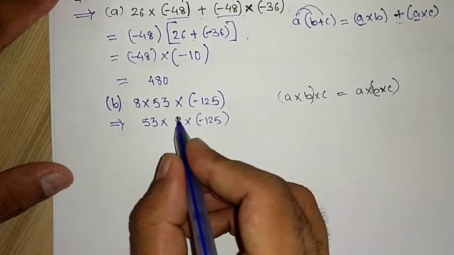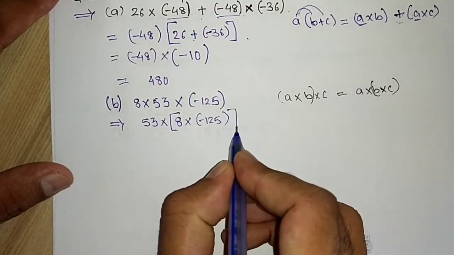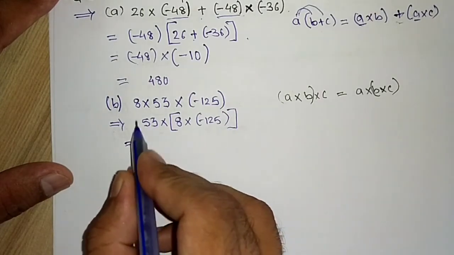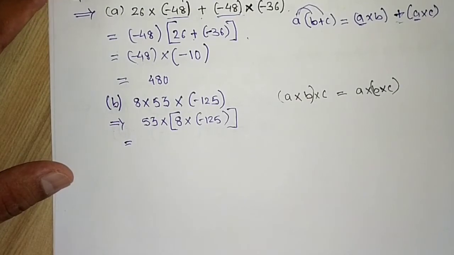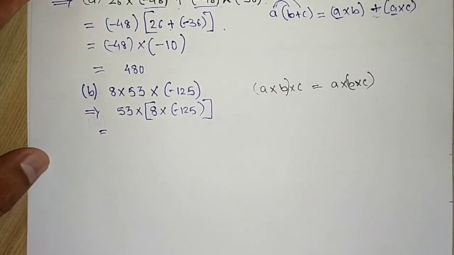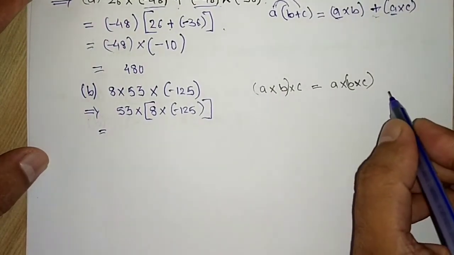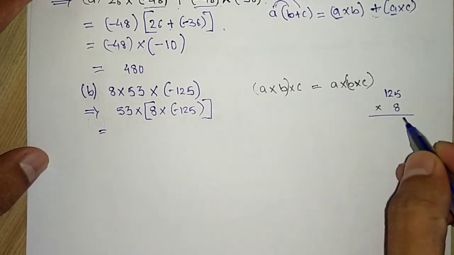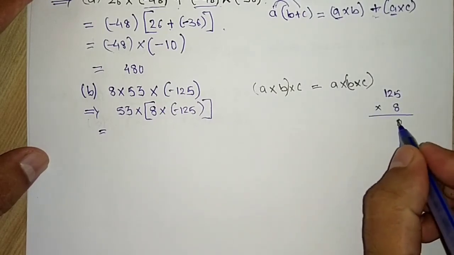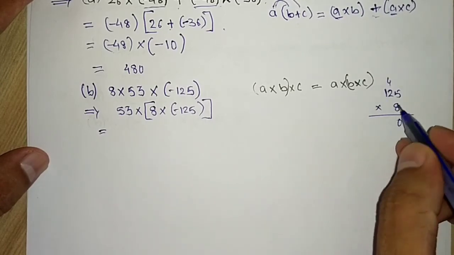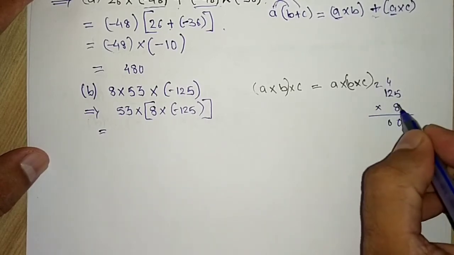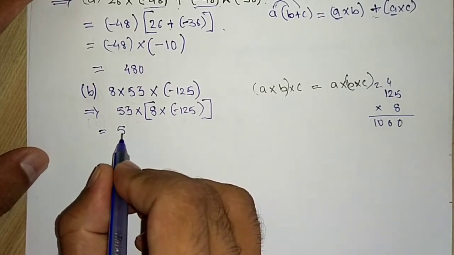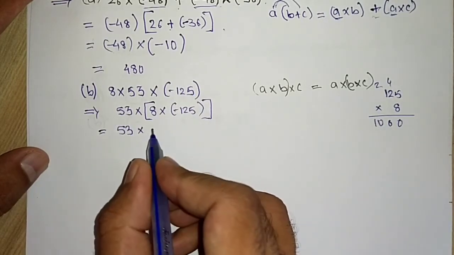Now students, I will group first these two numbers and then multiply with 53. 125 into 8: 8 5s are 40, 8 2s are 16 plus 4 is 20, 8 1s are 8 plus 2 is 1000, and the minus sign as it is.